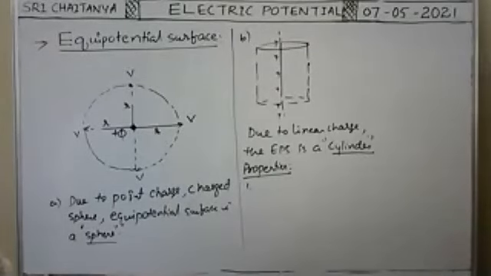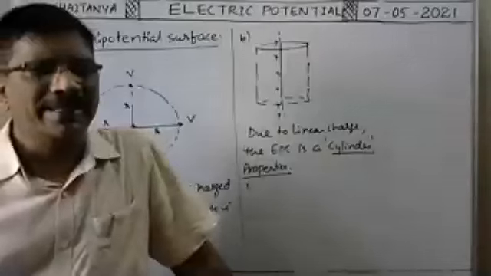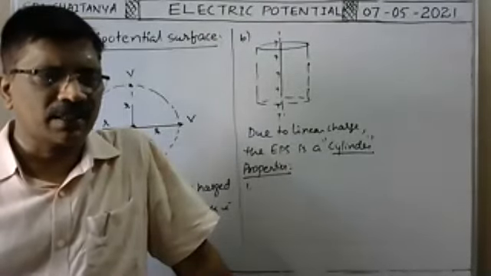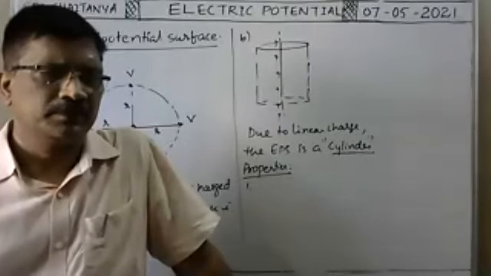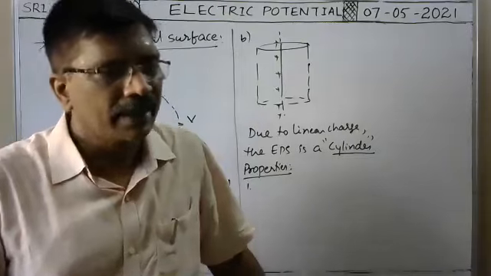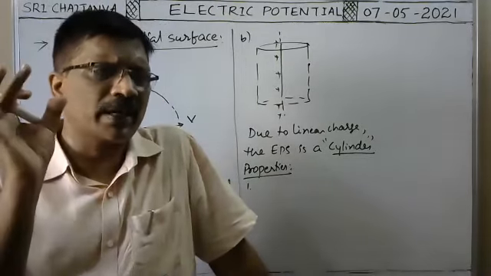At any point on the equipotential surface, what is the electric potential? Mention in the chat box. Same. So on the equipotential surface, suppose 2 points are chosen.